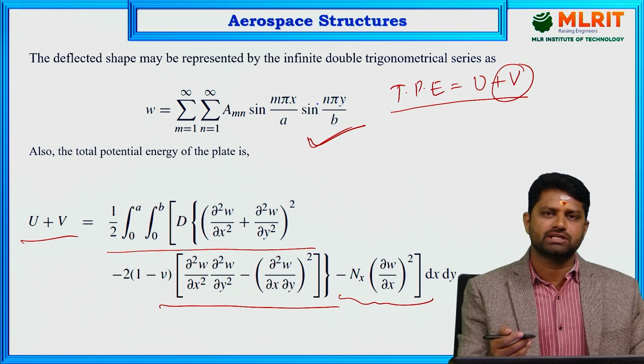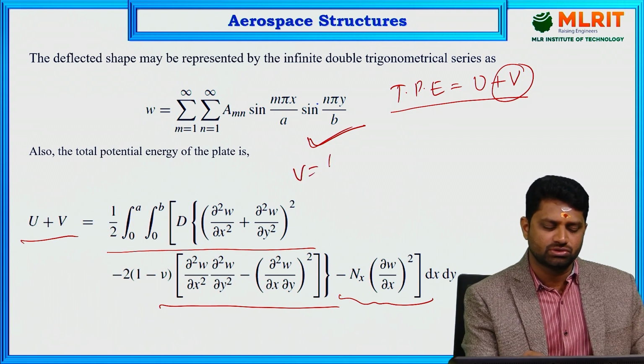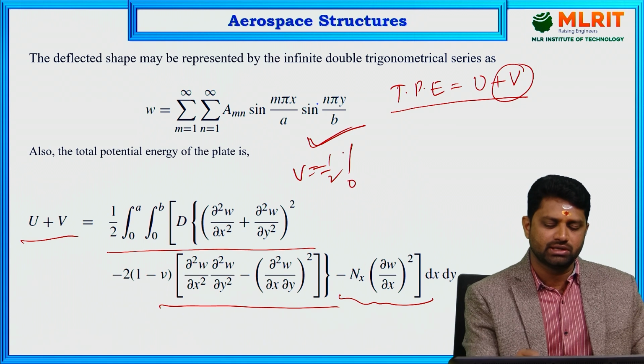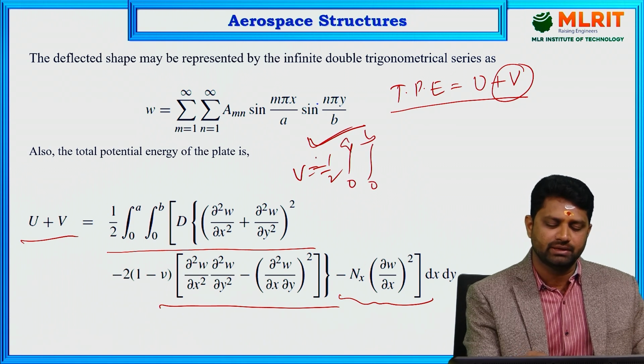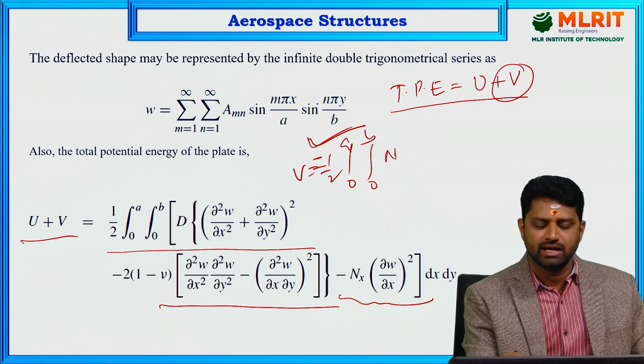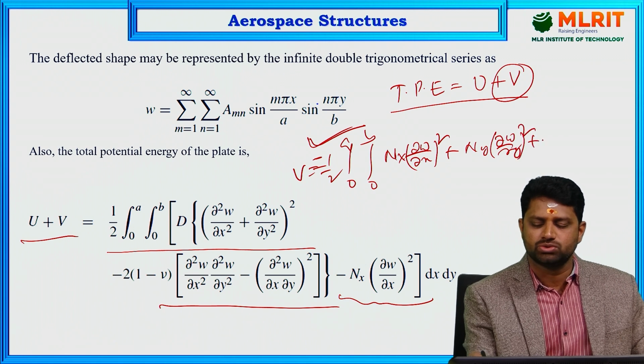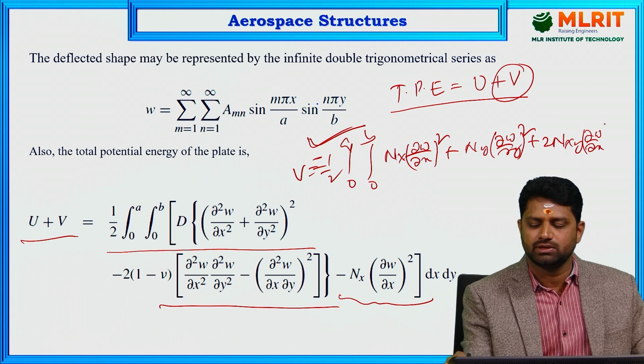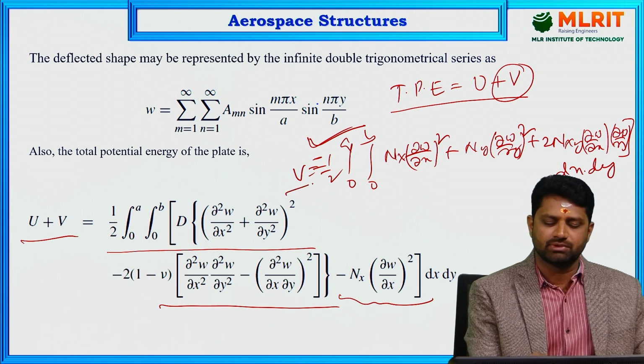Earlier we have seen the potential energy V equals minus 1 by 2 integral 0 to a integral 0 to b of Nx (dou W by dou X) whole square plus Ny (dou W by dou Y) whole square plus 2 Nxy (dou W by dou X)(dou W by dou Y) dx dy. This is nothing but the potential energy of the in-plane loads.